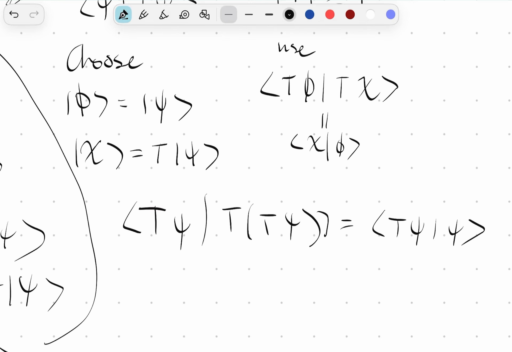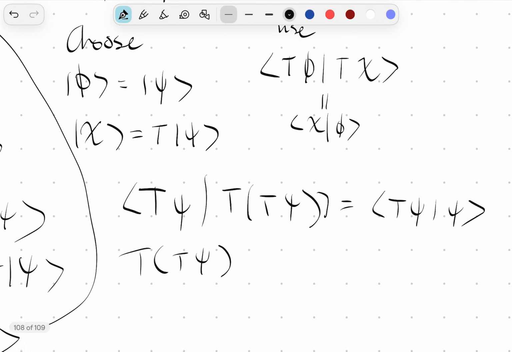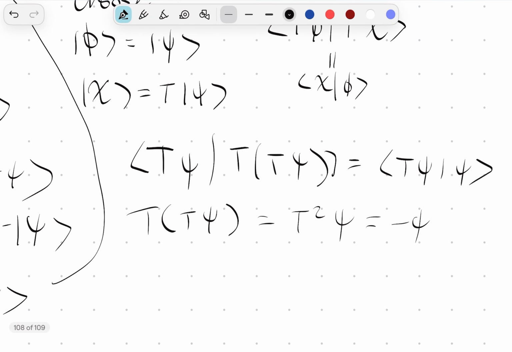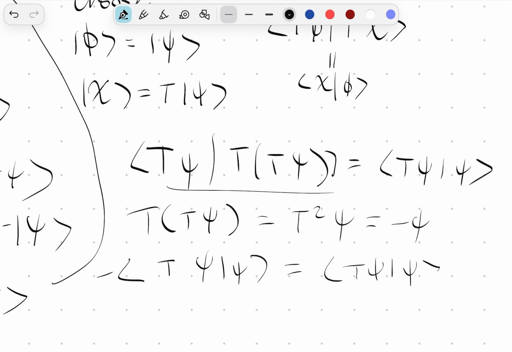this. But if we remember that T squared of psi should reverse the wave function, then the left side of this equation is going to be minus T psi, which is equivalent to T psi.